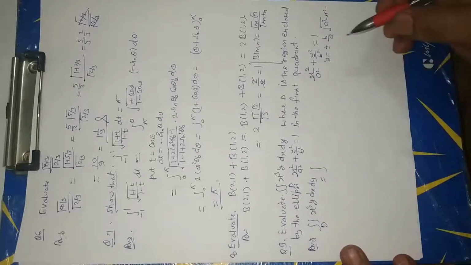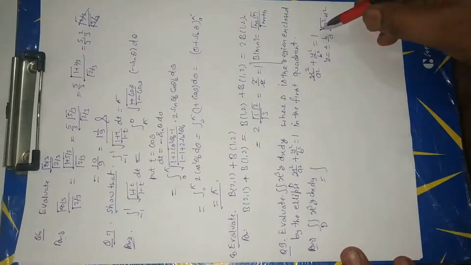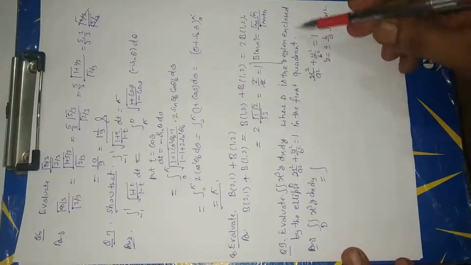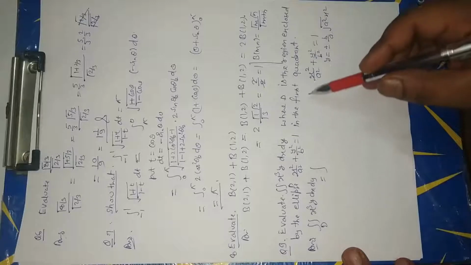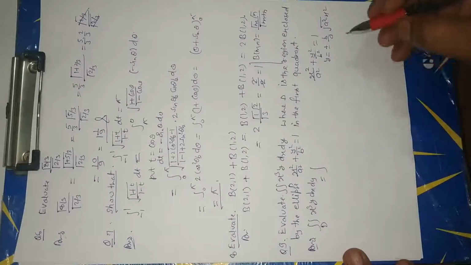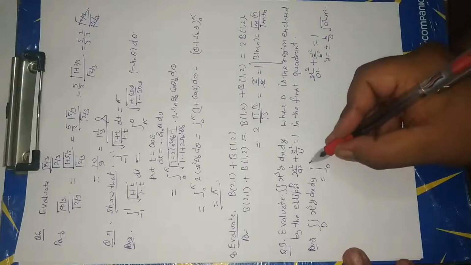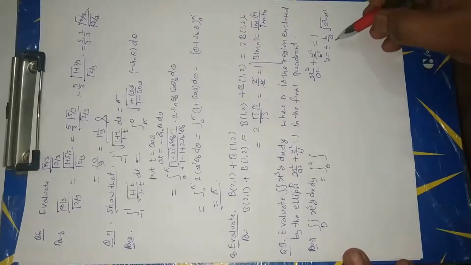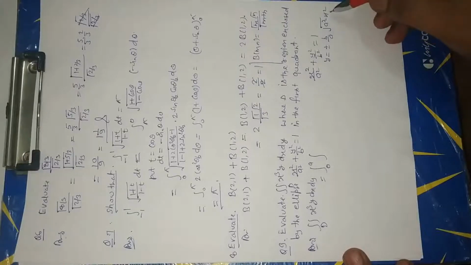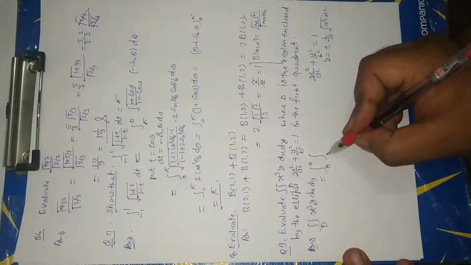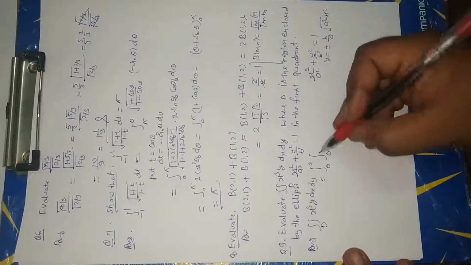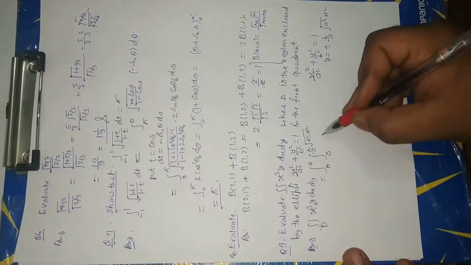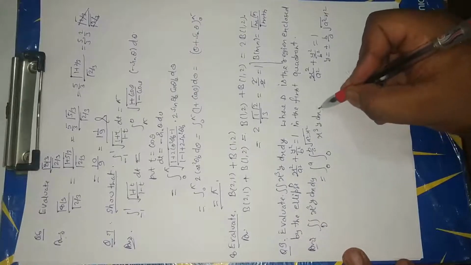Here D is the region enclosed by the ellipse in the first quadrant, so the limit of x is 0 to a only. Similarly, the limit of y lies from 0 to b upon a root of a square minus x square.